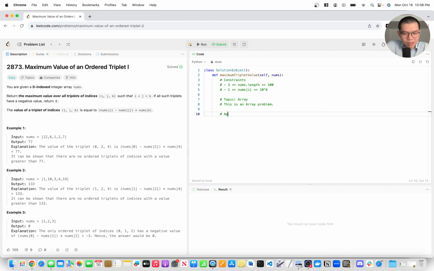So let's design the algorithm, and frankly speaking, I'm not going to design the algorithm for you. You have to draw this out by hand, but essentially this is how you do it. It's a triple for loop problem. You have to do triple for loops such that you're finding i, j, and k that satisfies these conditions.